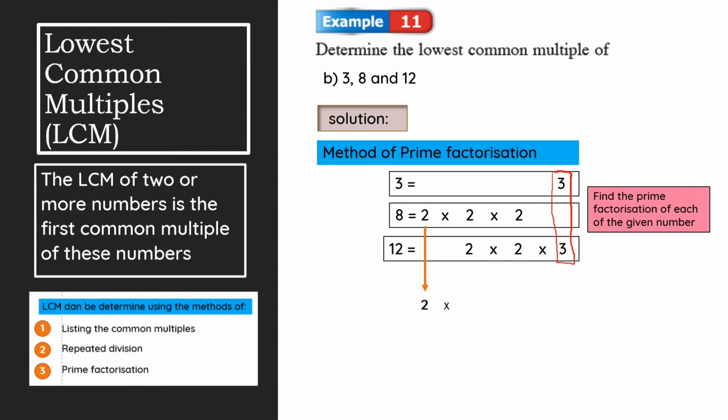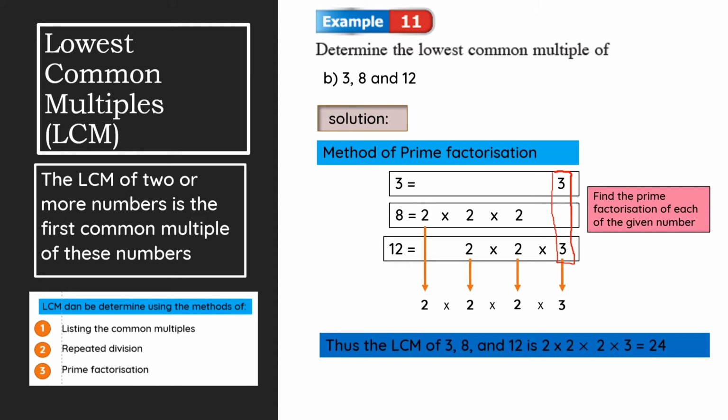Next multiply by another 2 down here. Next multiply by another 2 and multiply by, bring down the 3. So the LCM of 3, 8, and 12 is 2 multiplied by 2 multiplied by 2 multiplied by 3, which is 24.